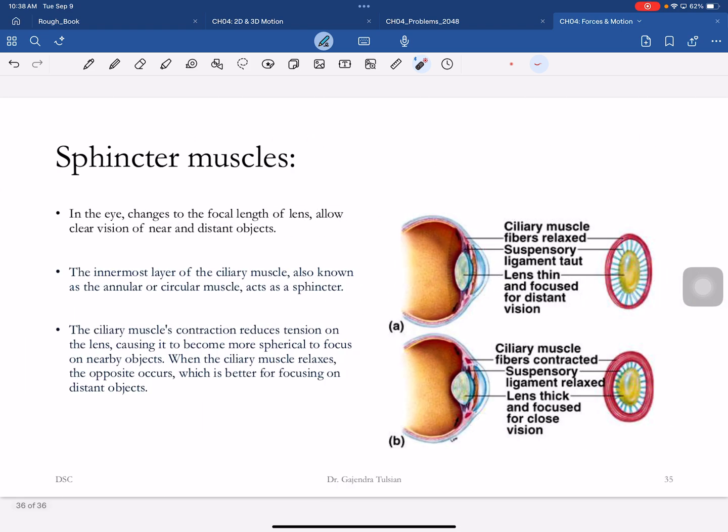Here's another place where you see these sphincter muscles. See, this lens has something called a focal length. Does the focal length of this lens change? No, it doesn't change. It depends on the thickness and stuff. But if you want a different focal length, you can order it and it'll come to you in 3 weeks.